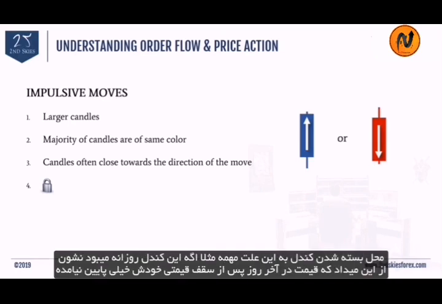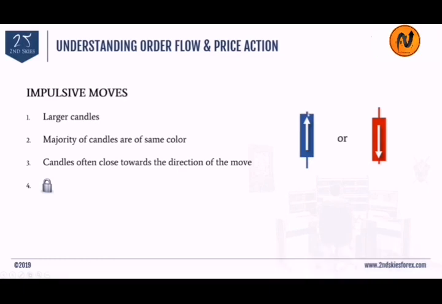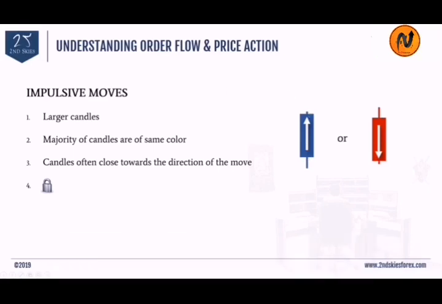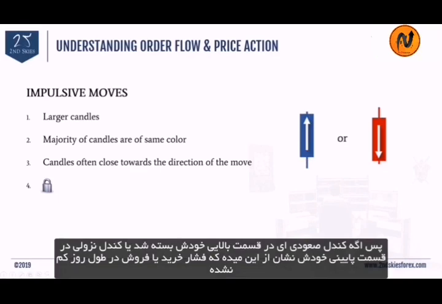The close of the candle indicates, if this is a daily candle, that the market really didn't push back from the highs of the day. So the market opened, went a little bit down, found buying pressure, reached higher, and then closed near the highs. Closing near the highs on a bullish candle, or near the lows on a bearish candle, indicates that the buying pressure really didn't let up a whole lot going into the close of that particular candle.